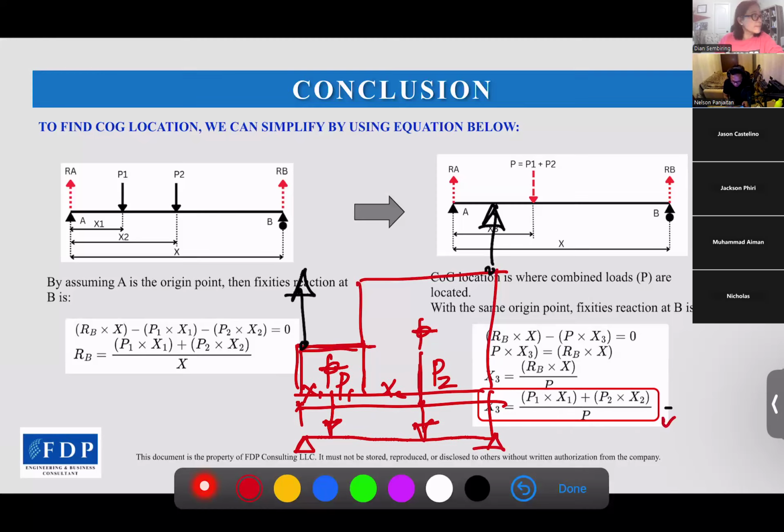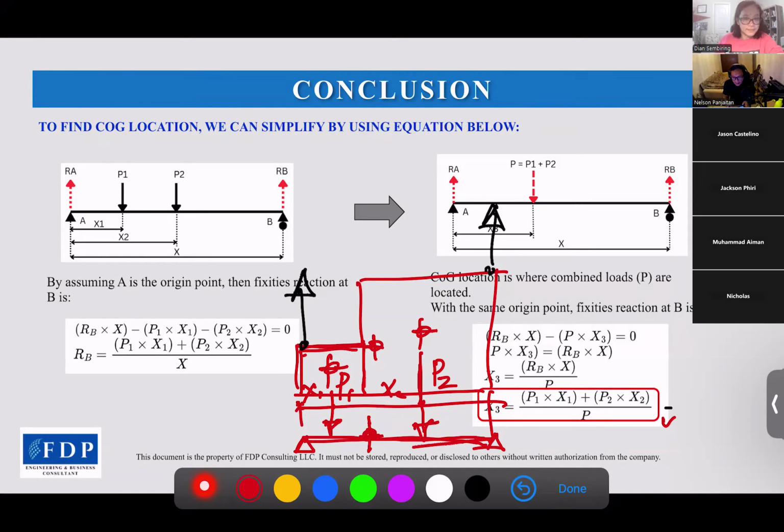Let's say after we use this formula, the COG will be somewhere around here. This is already two-dimensional, but to simplify, we use a single line system. So we can use this formula for either external or internal forces. Is that okay, Aiman?